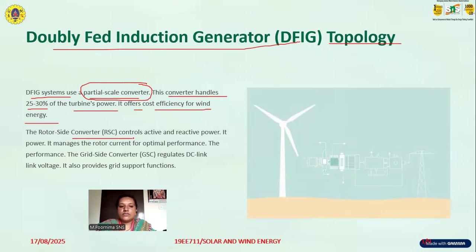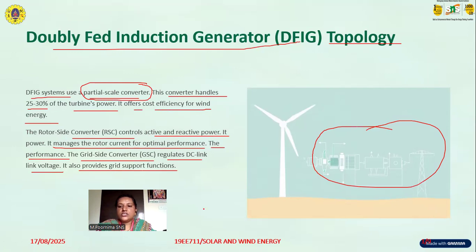The rotor side converter, RSC, controls active and reactive power. It manages the rotor current for optimized performance, and the grid side converter regulates the DC link voltage. It also provides grid support. So this is the DFIG topology.